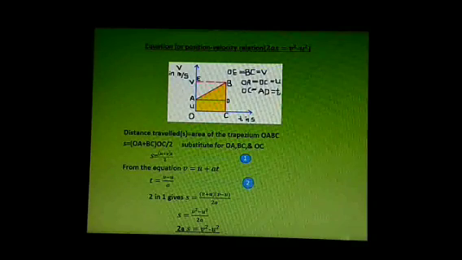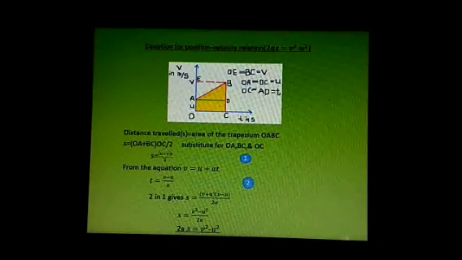From the equation V is equal to U plus AT, T is equal to V minus U the whole divided by A. This is equation number 2. Then equation 2 in 1 gives S is equal to V plus U into T. There, instead of T, we can write V minus U divided by A. So S is equal to V plus U into V minus U the whole divided by 2A.